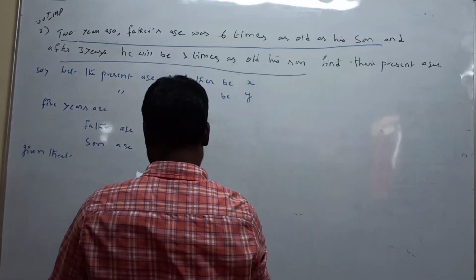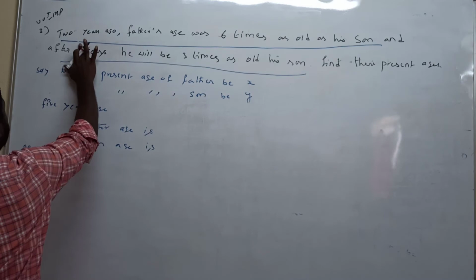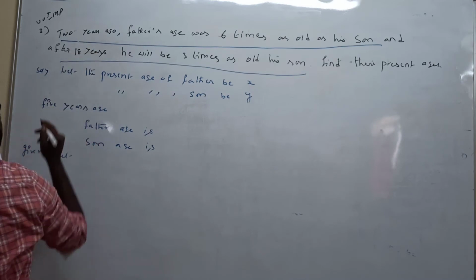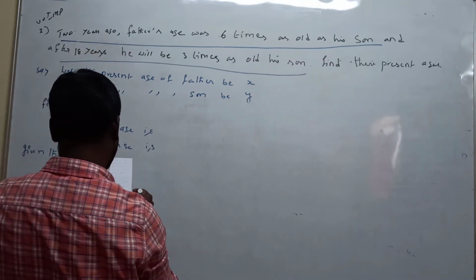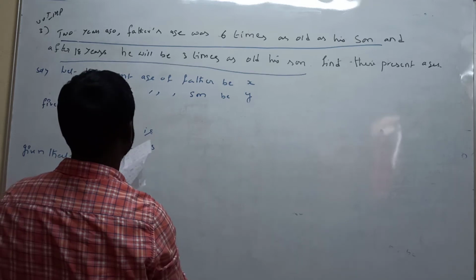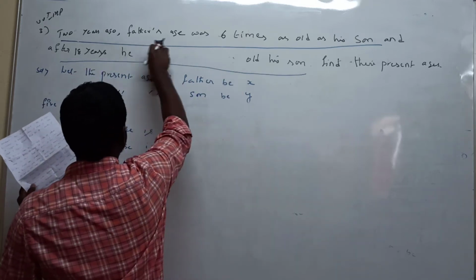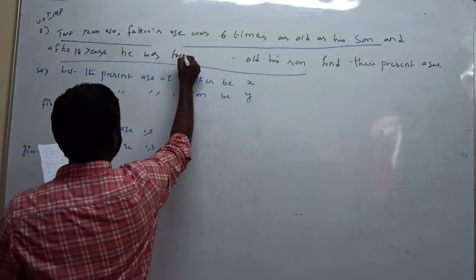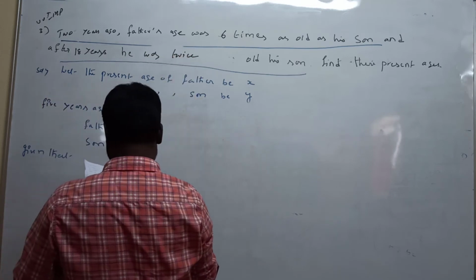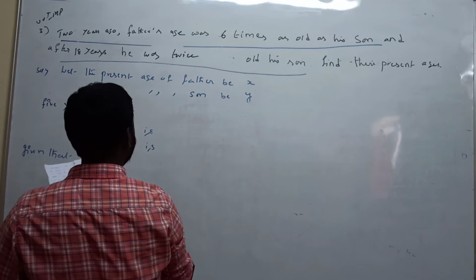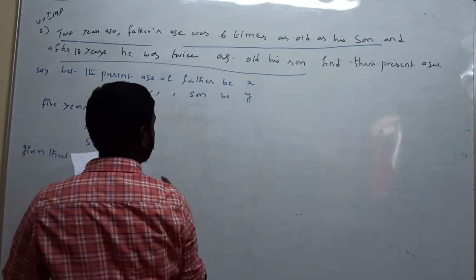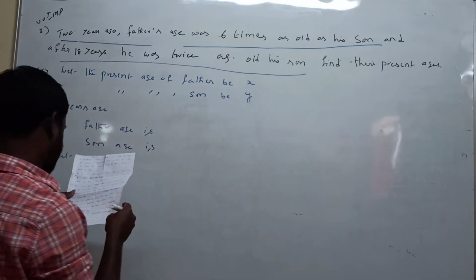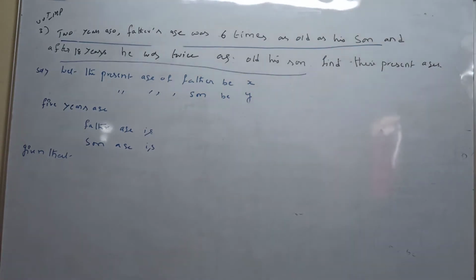After 18 years, the father will be twice as old as his son. Find the present ages.